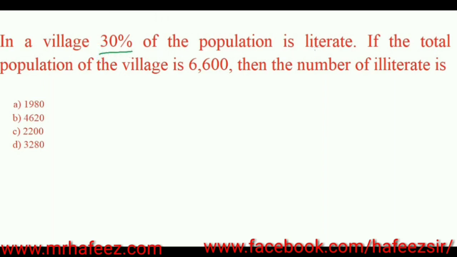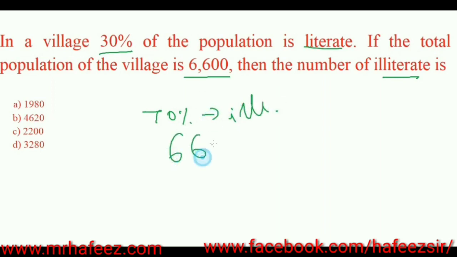In other words, the other shortcut here is, according to the question, 30% of the population is literate, and the total population of the village is 6,600. See, if in the total population literate are 30%, then definitely 70% will be illiterate.